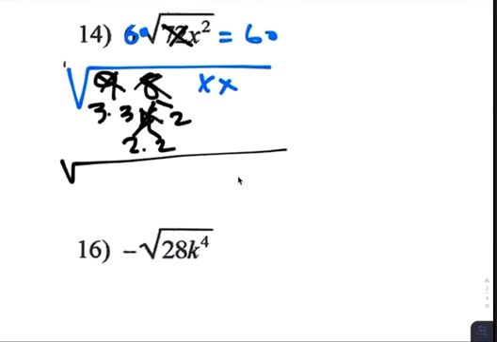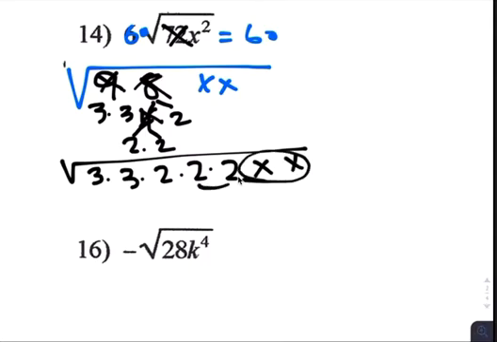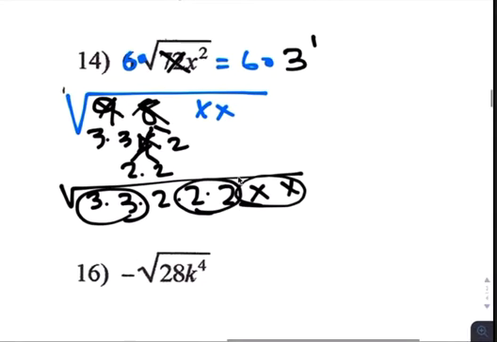So basically you got 3 times 3 times 2 times 2 times 2 times x times x. Like that. So 3 to the 1 power, 2 to the 1 power for one pair, then x to the 1 power, and then you write that in a radical 2.